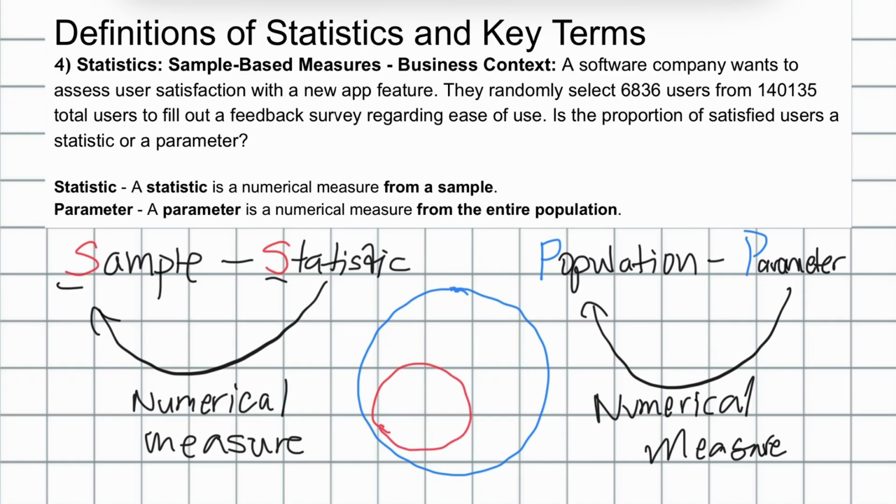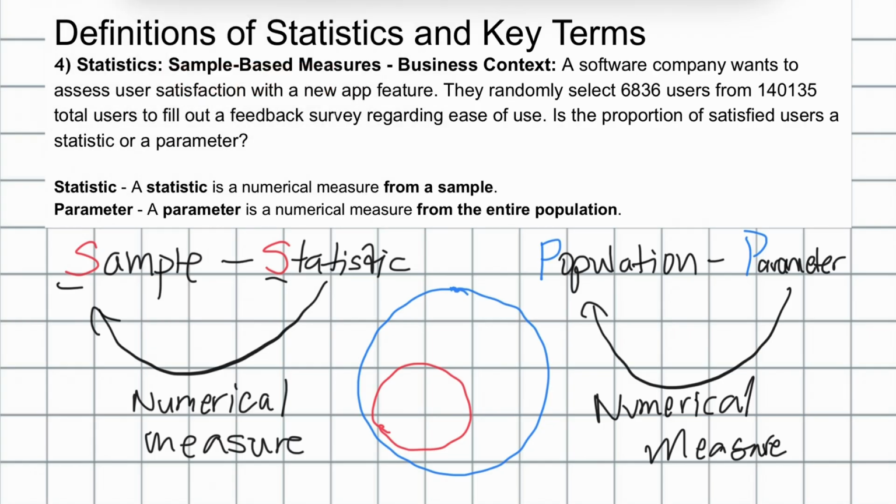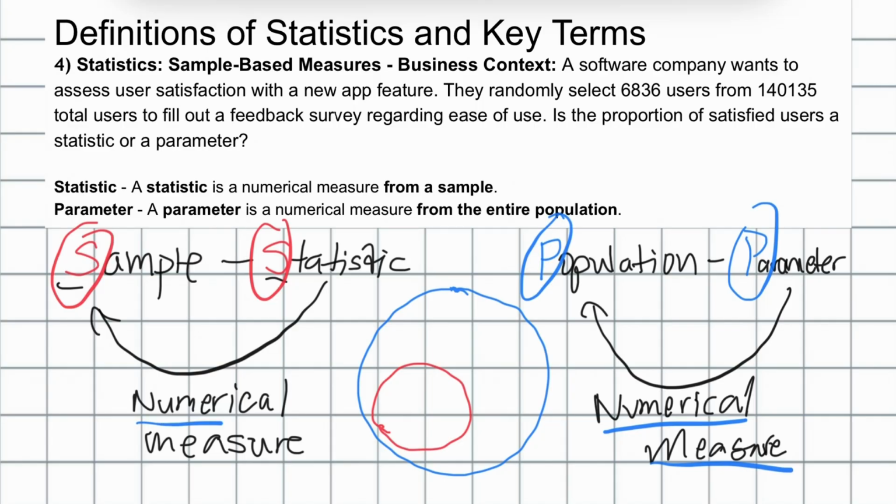If you remember to correlate sample with statistic, and parameter with population, that way you are going to remember this. And it's usually a numerical measurement, so you know it's going to be providing numbers somehow. I hope that was helpful.